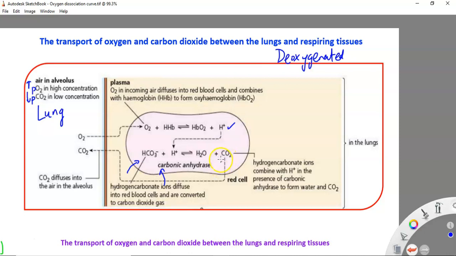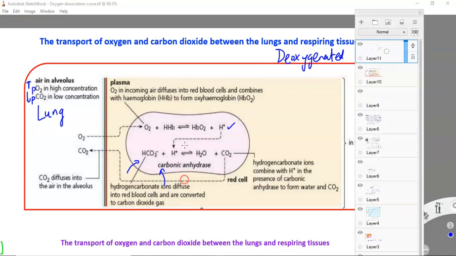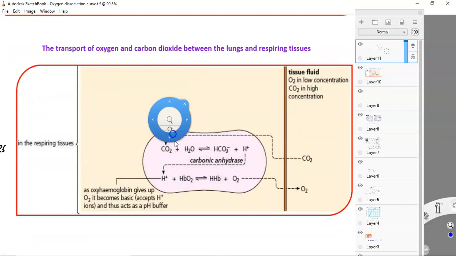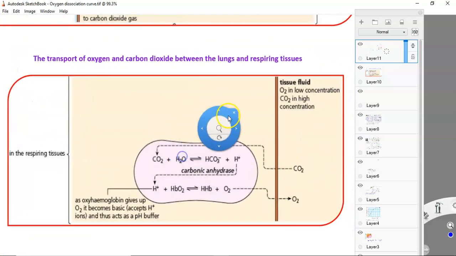The carbon dioxide diffuses out of the red blood cell and ultimately passes into the lungs. So that's how oxygen is taken up and carbon dioxide is released from the blood into the air in the alveolus.